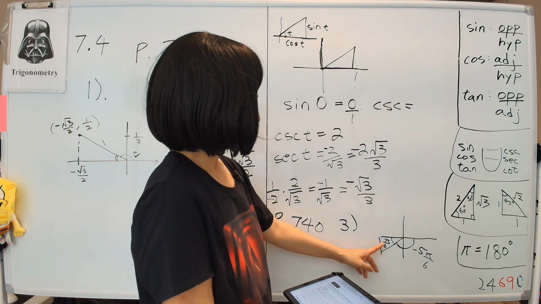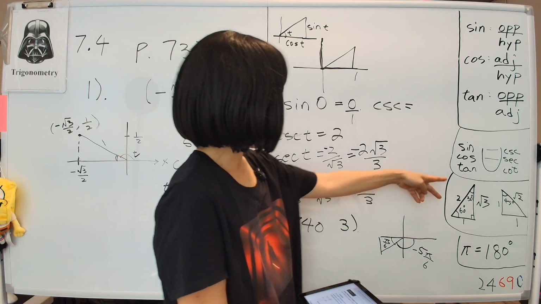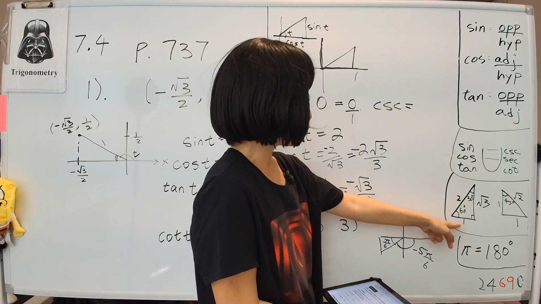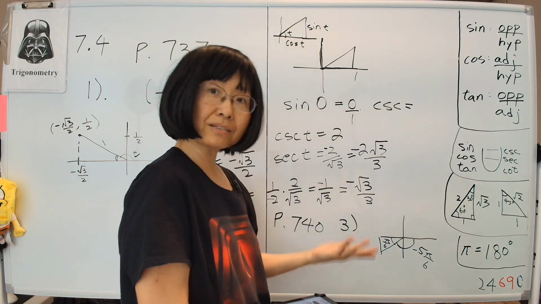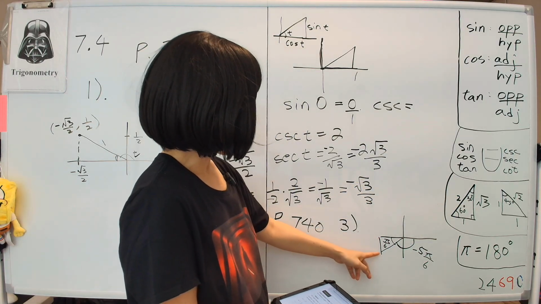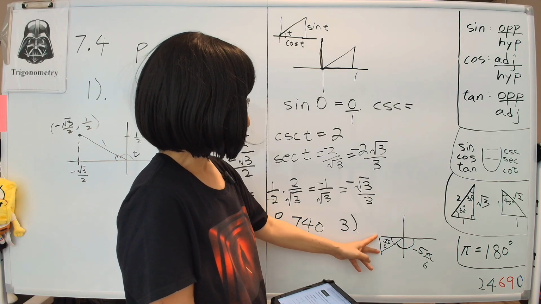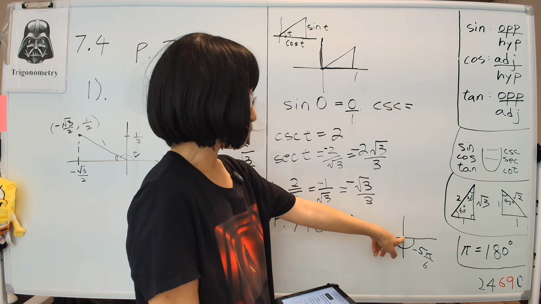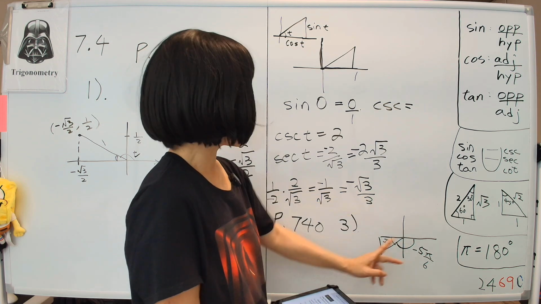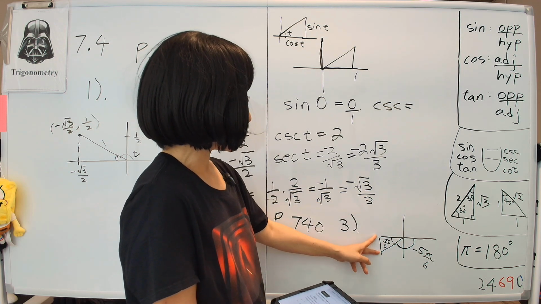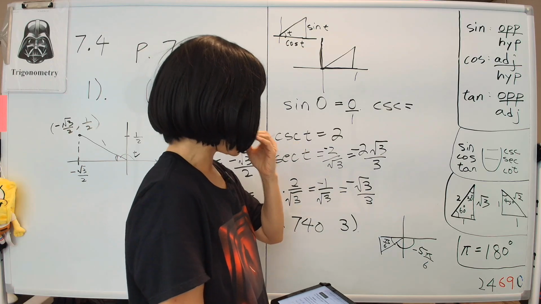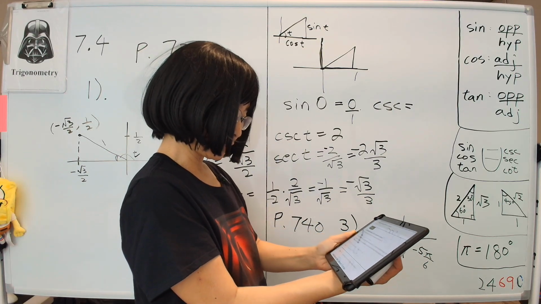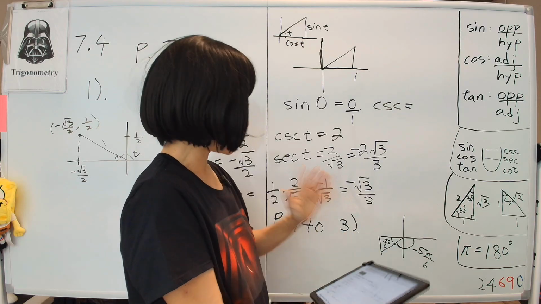For example, the sine of pi over 6, that is sine of 30 degrees, is 1 over 2. But is it positive or negative? In this case, the 1 is negative. The hypotenuse, we don't care what sign it is. So the sine of this angle is negative 1/2, as shown here, where sine is minus 1/2.